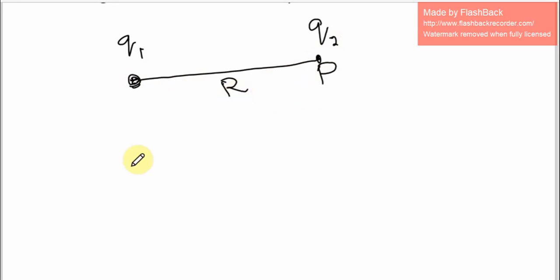Suppose this is a positive charge, and this is also a positive charge. It could be positive and negative, negative and negative, or positive and positive. Because these two charges are positive, they repel each other, just like pushing a spring.